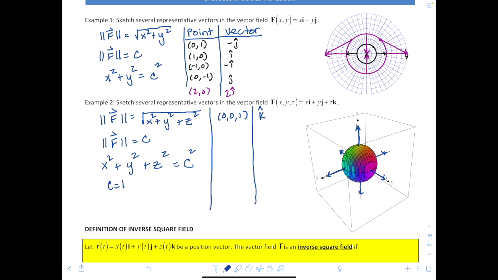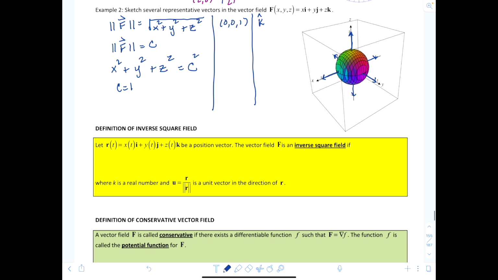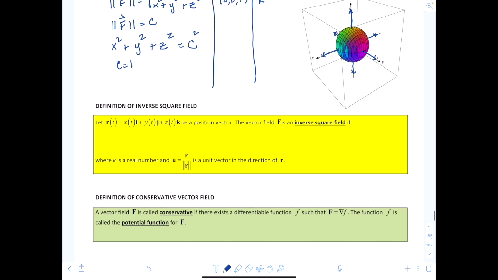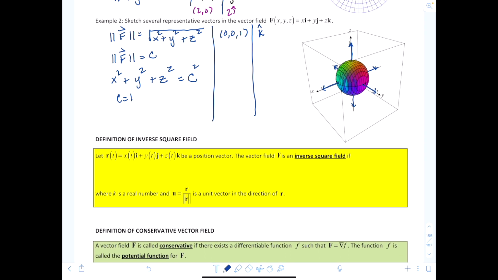Awesome. All right. So anyway, that is that one. I was just drawing in the other ones, but if you had 1, 0, 0, you'd have the vector i. If you had 0, 1, 0, you'd have the vector j. And we're looking again at this.